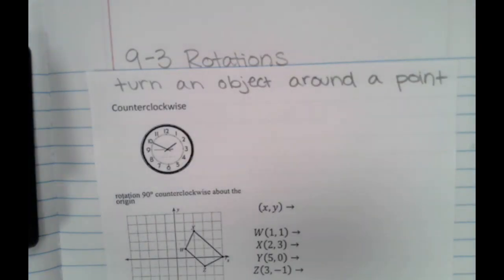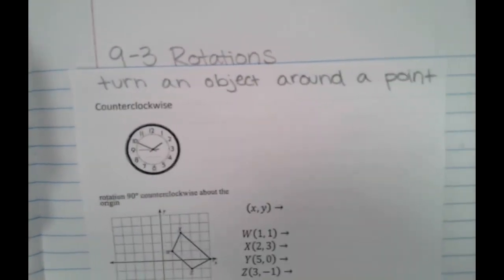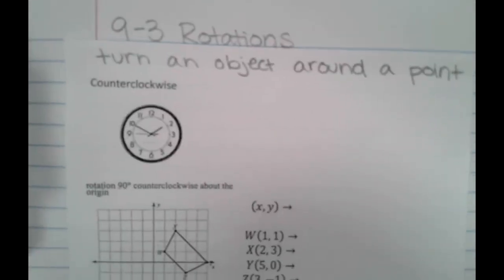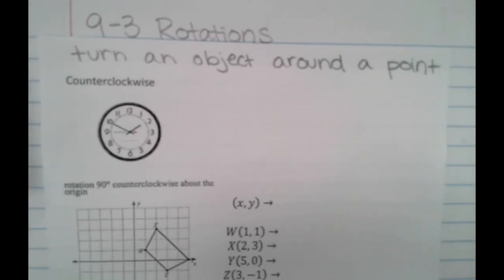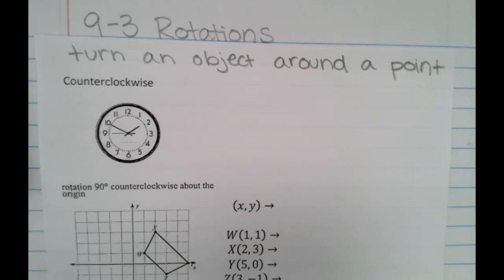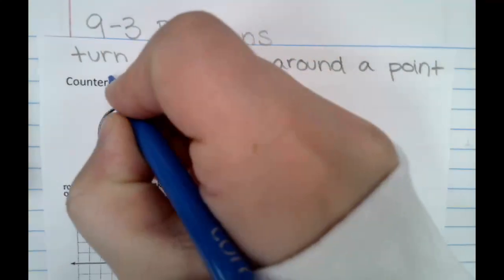All right, so first off, when you look at that word counterclockwise, what is the base of the word? There's kind of a prefix and then a base word. We got clockwise.